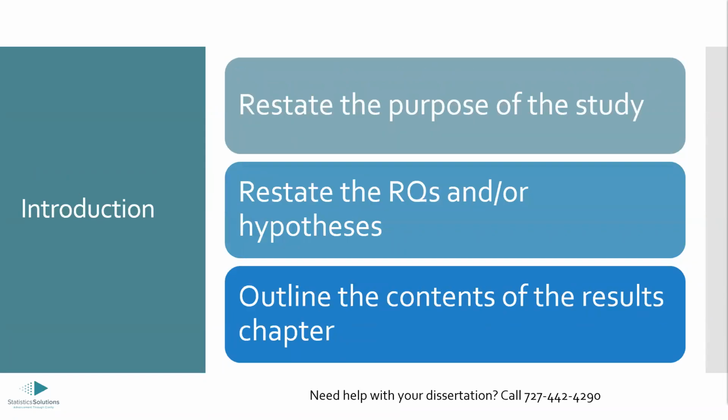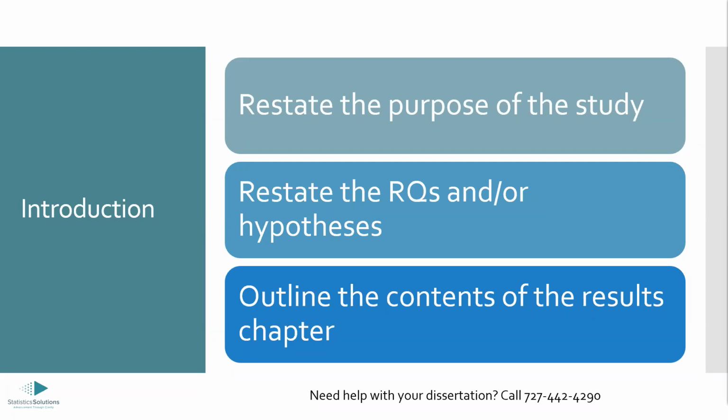So now let's talk about the different components of the chapter. Like the other chapters of the dissertation, the results typically starts off with a short introduction where you reorient the reader to the purpose of the study and the research questions. You can generally just start by restating the purpose of the study.